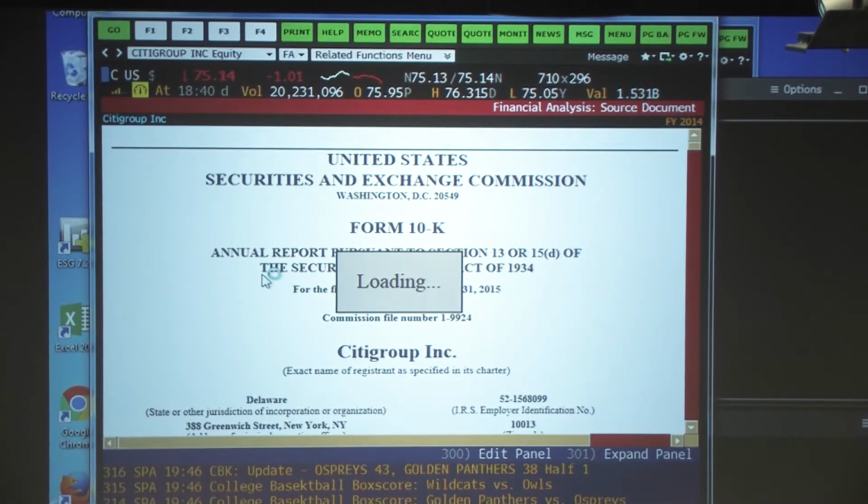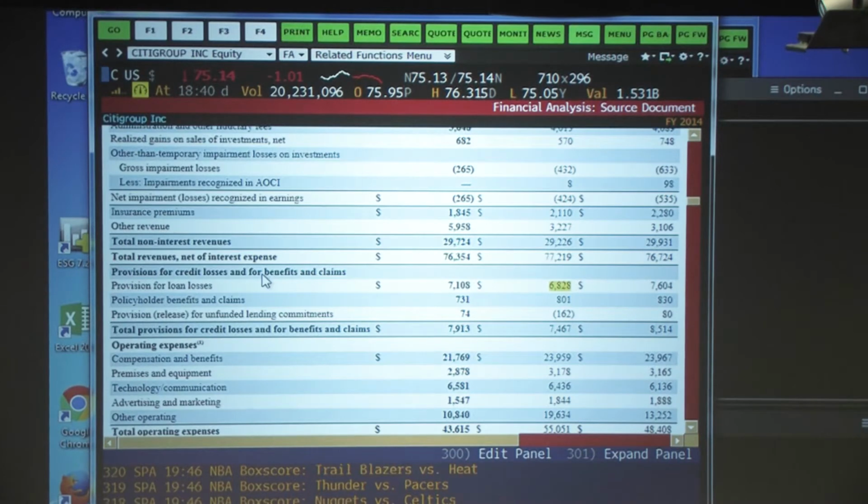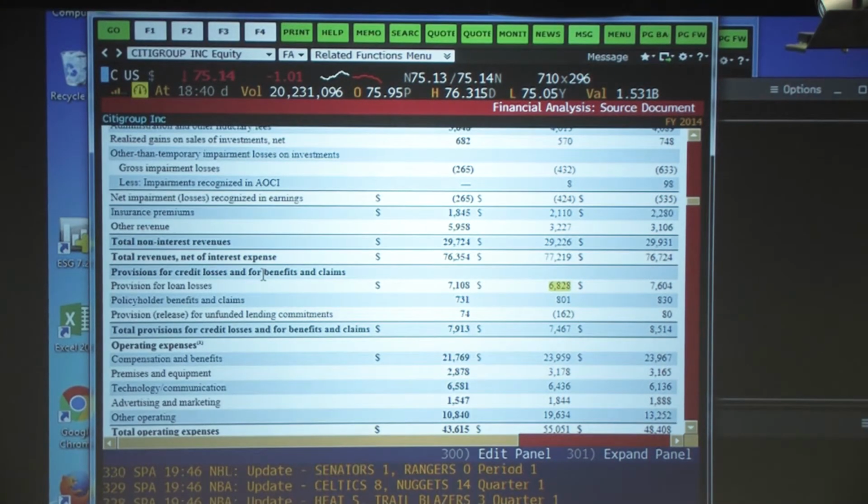Once it loads, it'll actually highlight the area in which it got that information. So that's really cool. You can use Bloomberg to look at financial statements and verify that the numbers Bloomberg is showing you are legit. Let's go back to FA.